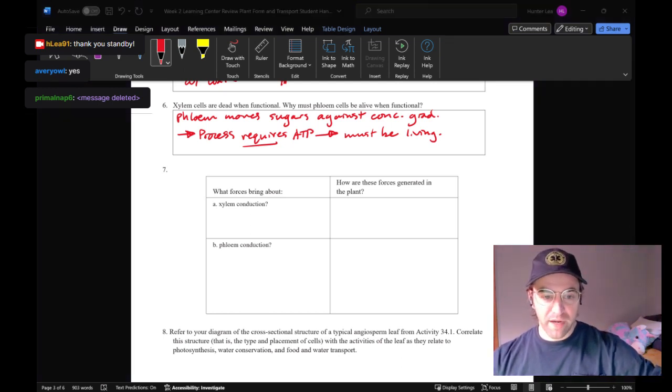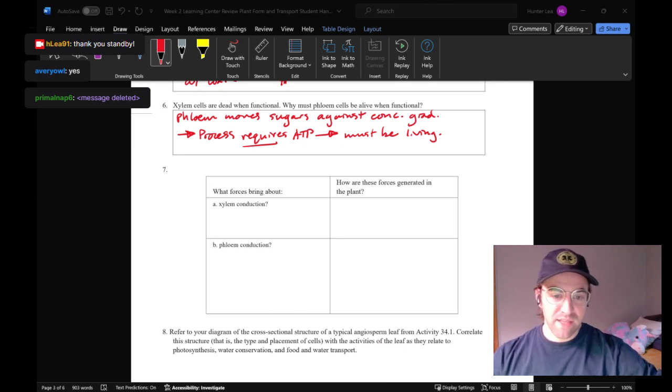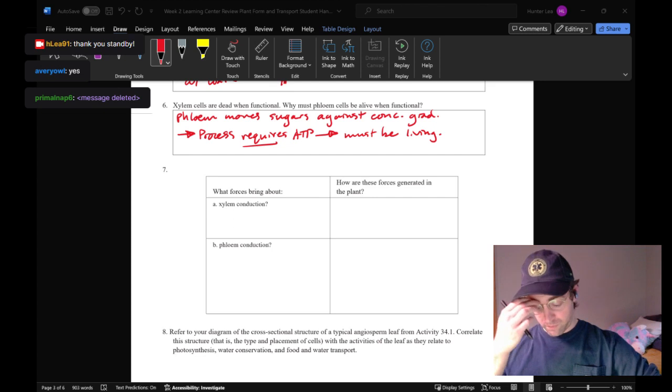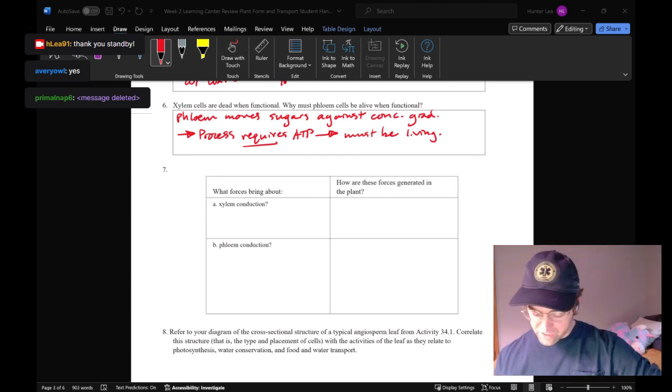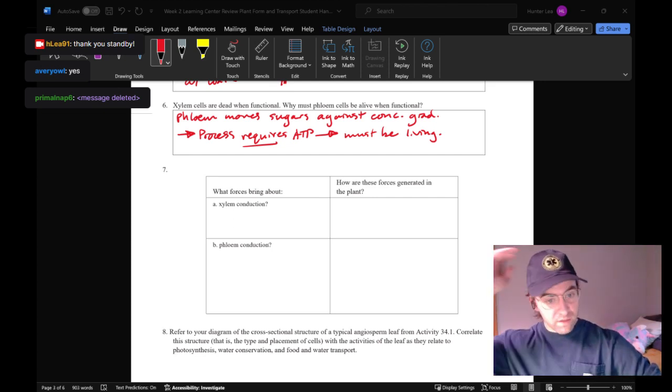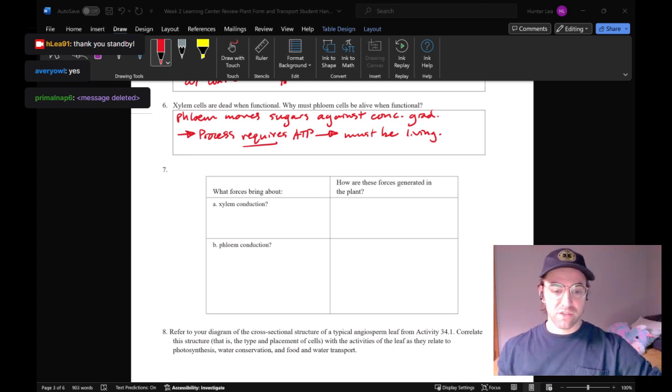What forces bring about xylem conduction, and how are these forces generated in the plant? So, xylem conduction versus phloem conduction. Xylem, as we said, is dead, right? It's a structural part of the plant.